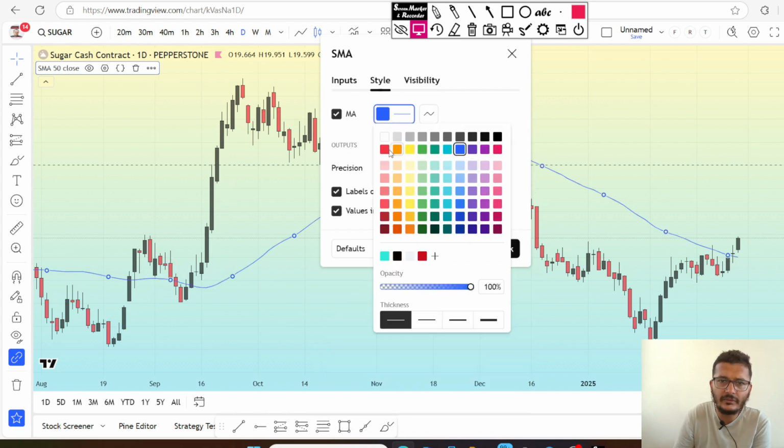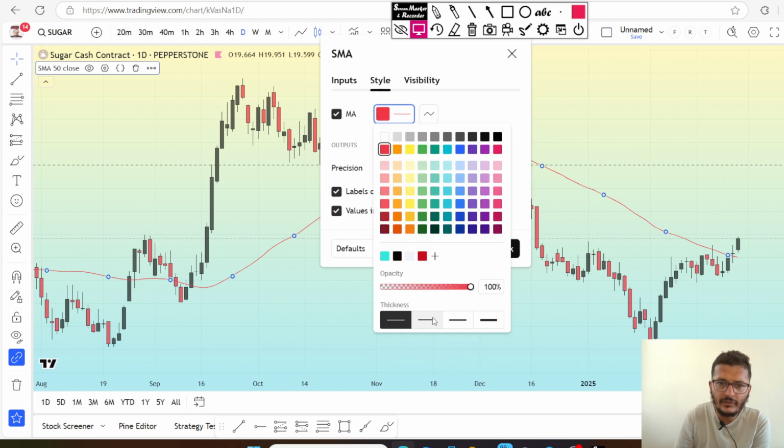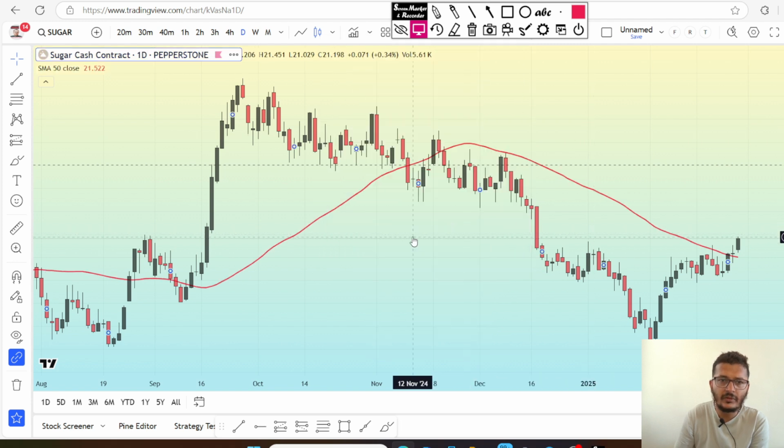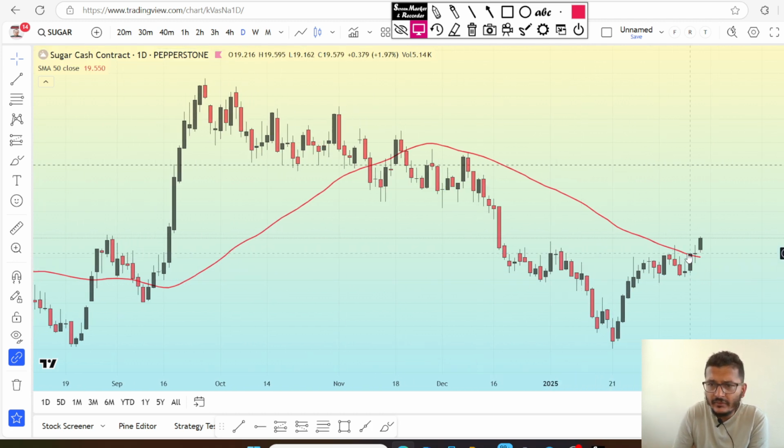Let me change the color to red and increase the thickness. Now in our chart, this is the 50 period moving average. Looking at this chart, the moving average is around the 19.50 level.